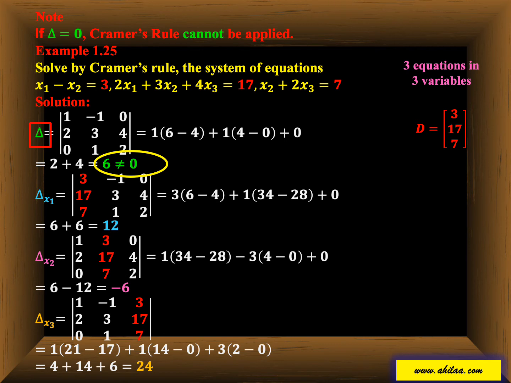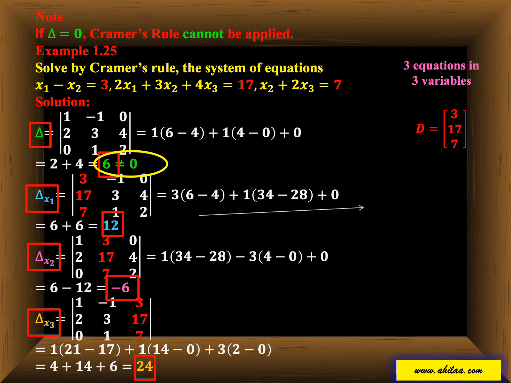First delta equal to 6 here. Delta x1 is 12. Delta x2 is minus 6. Delta x3 is 24. Now using delta x1 and delta, we get the value of x1, the first variable. So x1 equal to, the formula is delta x1 by delta, which is 12 by 6 equal to 2. So x1 value is 2.